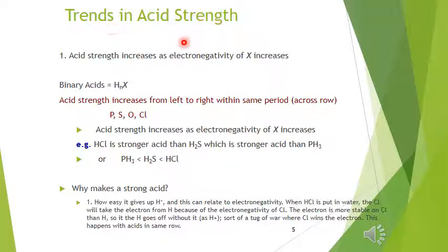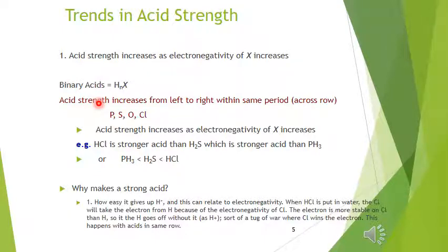So, trends in acid strength. There are two things that determine the strength of an acid, and one is electronegativity. We're going to look at a binary acid, HX, where X is one of these elements here. One thing we notice is the acid strength increases as you go from left to right in the periodic table.